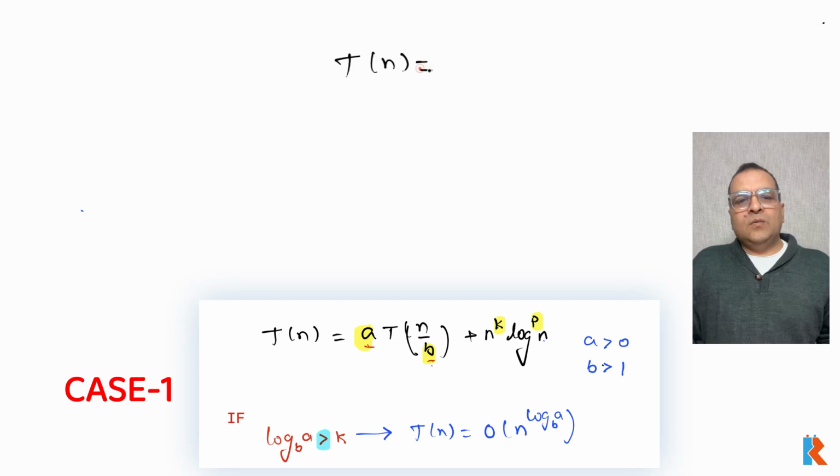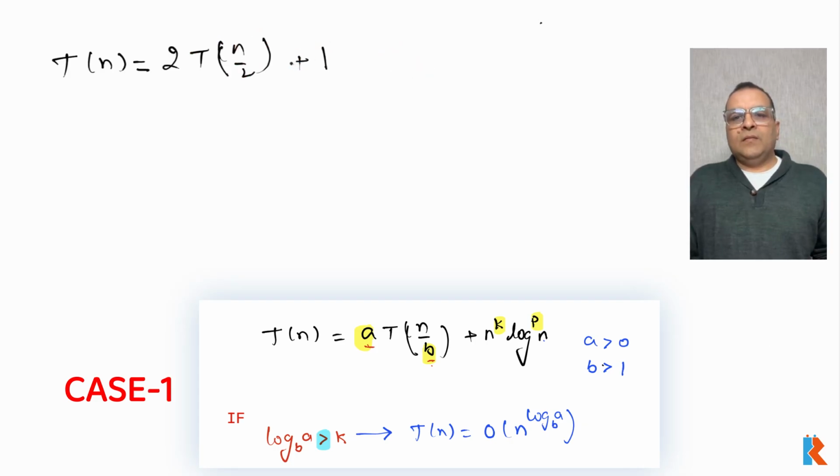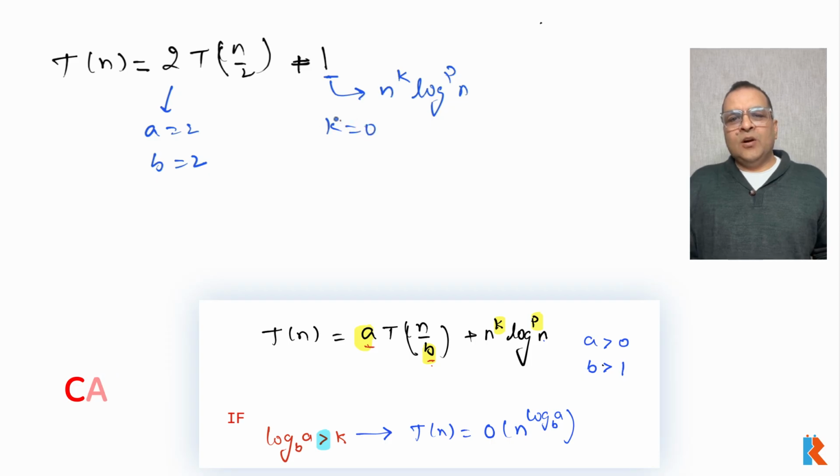T(n) is equal to 2T(n/2) plus 1. In this case, a is 2, b is 2. If you represent this one as n raised to the power k times log of n raised to the power p, it means that k is 0 because n raised to power 0 is 1 and p is also 0 because log n raised to power 0 is also 1.